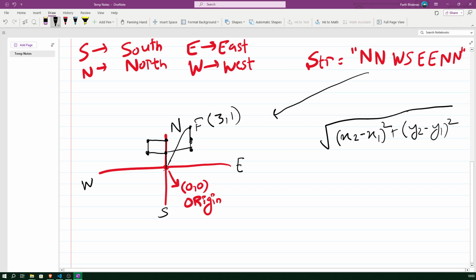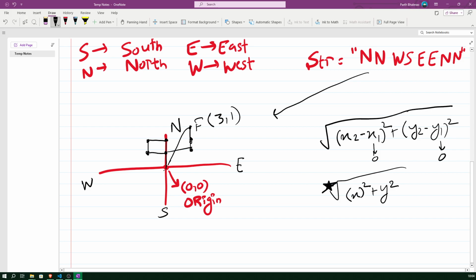This is the general distance formula when we need to find the distance between 2 points. But in this case, we always find the distance from the origin, that is 0 comma 0. So the formula becomes the square root of x square plus y square, because x1 will always be 0 and y1 will always be 0.